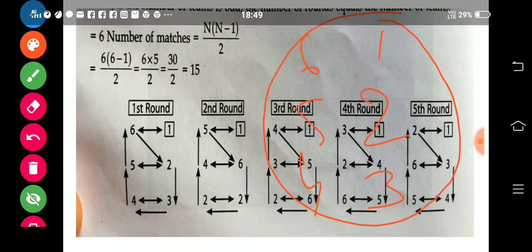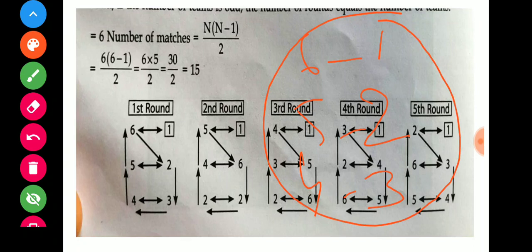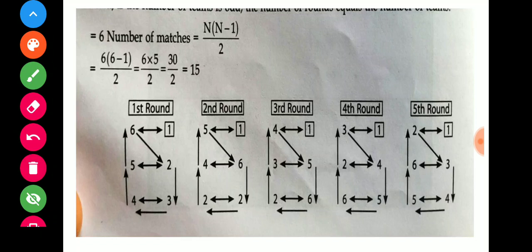So the same fixture of the first round would come in the sixth round. Do you think that would be required? Definitely not. In such a way, we can make the fixtures of 6 teams and find the number of matches in this fixture. Here one thing I want to tell you: if the number of teams is even, then we place number 1 fixed.